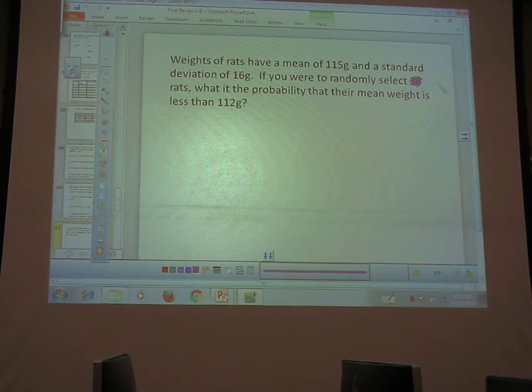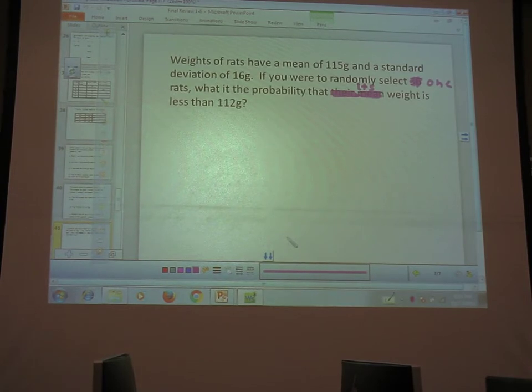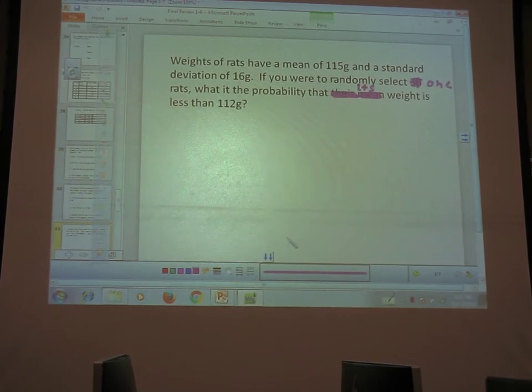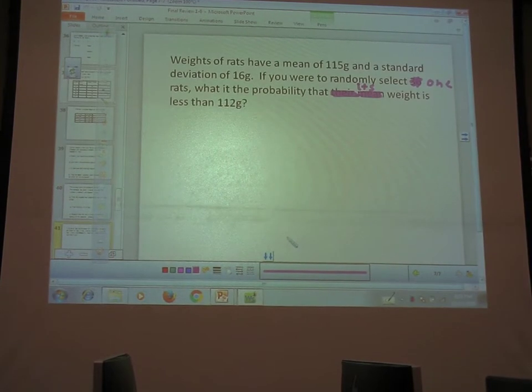If you randomly select 1 rat, what's the probability that its weight is less than 112 grams? Just 1 rat. We're gonna do part 2 first. Take out the word mean.